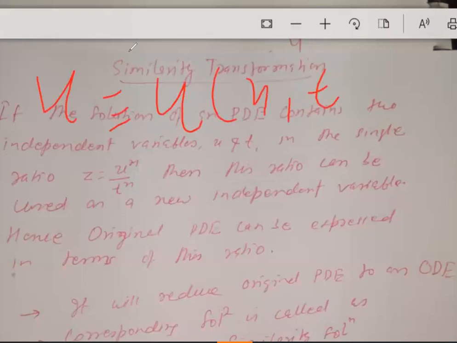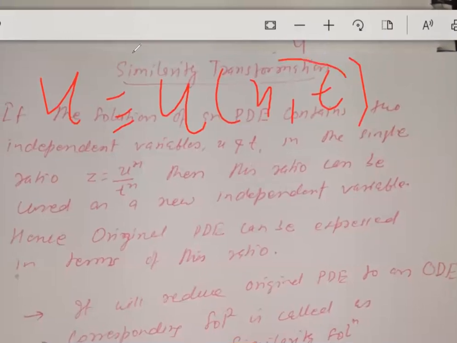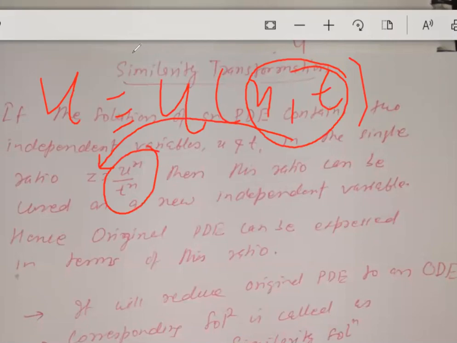So these two variables, we are trying to bring into one variable z, where it is a ratio of these two x and t variables. So this way we can convert PDE to ODE. This is the main aim.